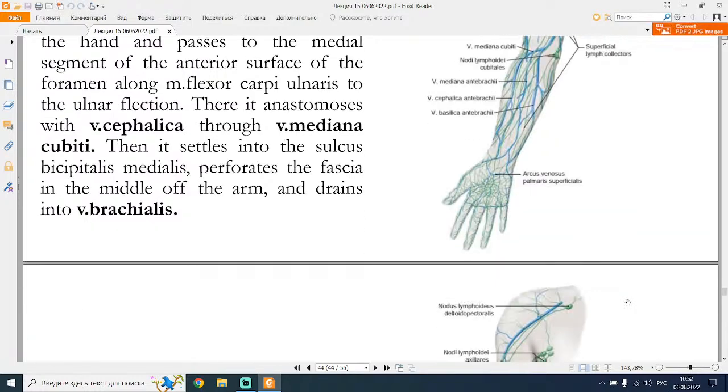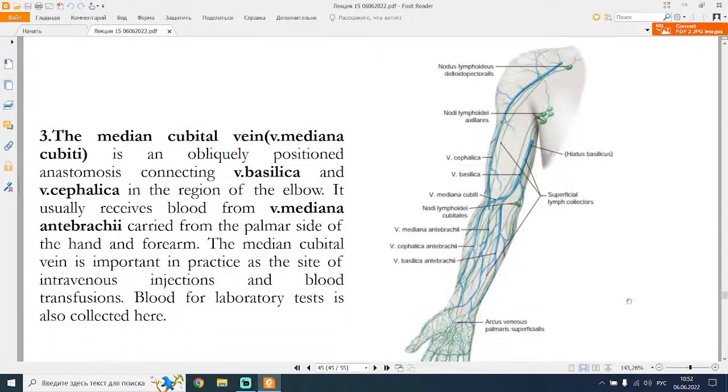Next vein, vena mediana cubiti. Vena mediana cubiti is an obliquely positioned anastomosis connecting vena basilica and vena cephalica in the region of the elbow.